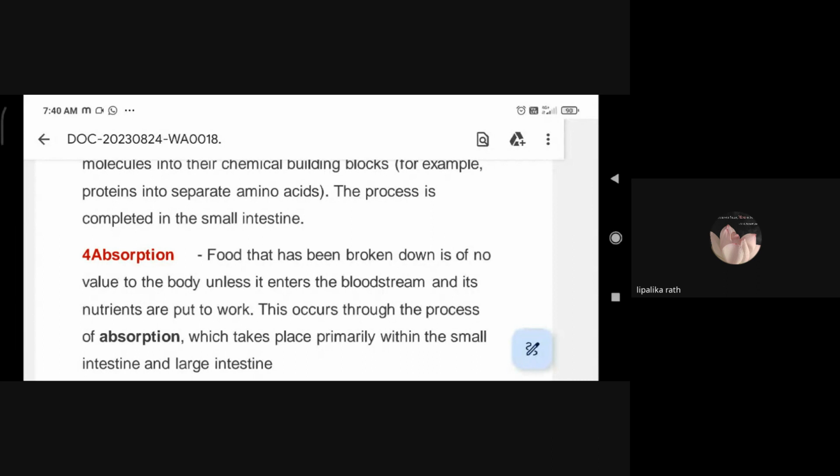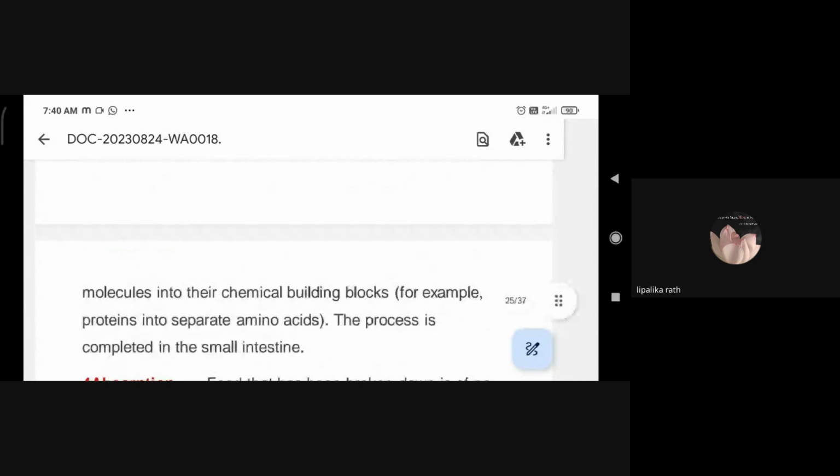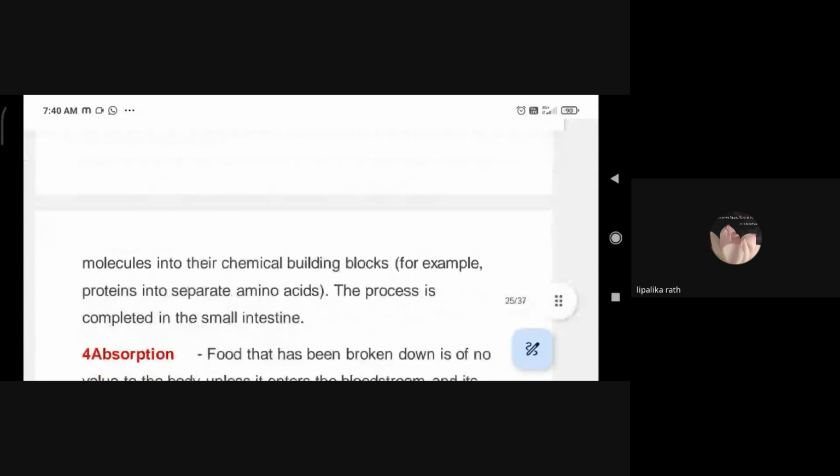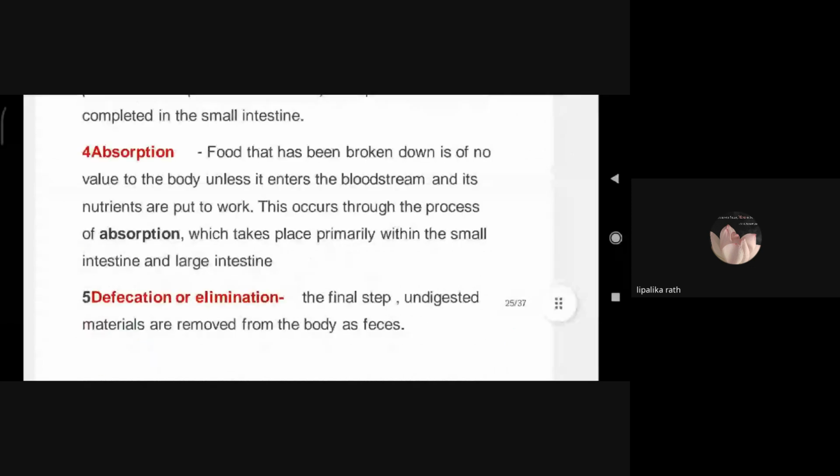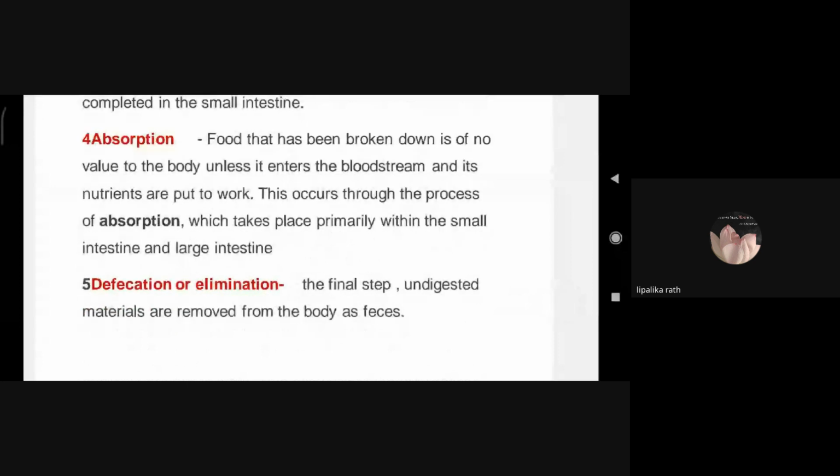So what we have learned is that digestion is both a chemical and mechanical process. Next, when the food is broken down into its simplest form, it gets absorbed. That is absorption. When digestion is completed, absorption takes place. Food that has been broken down is of no value to the body unless it enters the bloodstream.